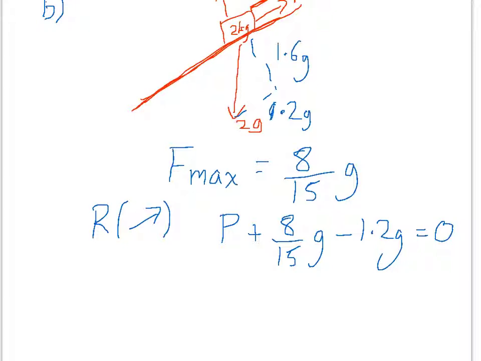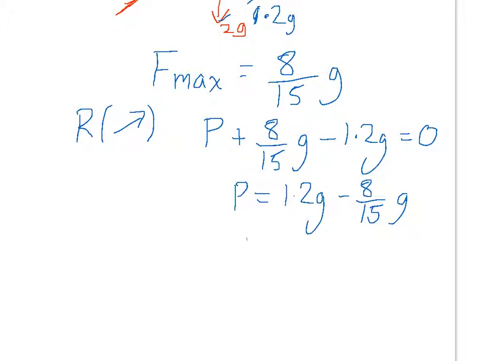Now if you work that out, so if you just rearrange this to get P on its own, you have 1.2 G minus 8/15 G, which if you calculate that out, you should find that the P is equal to 6.5 newtons.